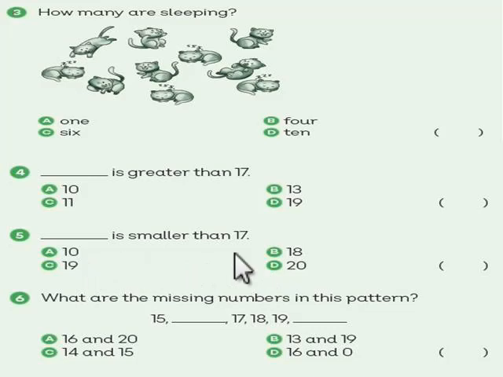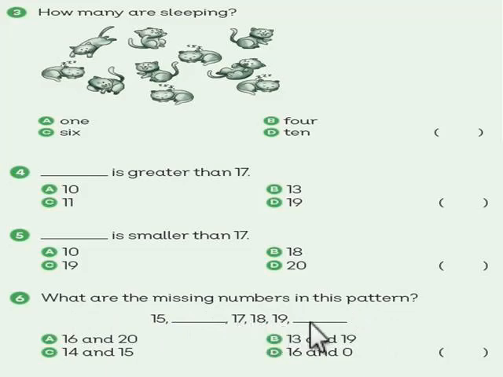And number 6, what is the missing number in the pattern? Okay, what is the missing number in the pattern? We start from 15. What is next to 15? We have 17, 18, 19, and so what is the answer? A, 16 and 20.